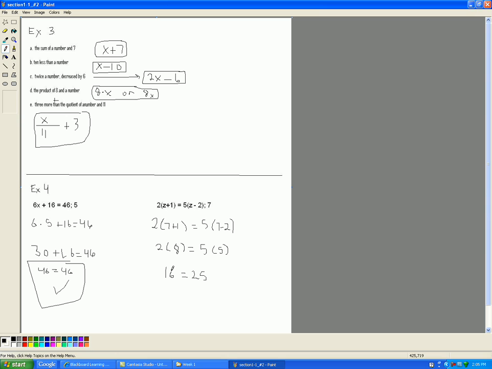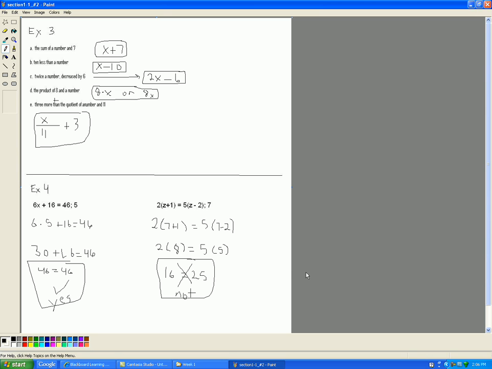So let's take a look at this. 16 equals 25? Not really. That's an incorrect statement, right? So we would say this is not true. So z is equal to 7 is not a solution. So we can just put not here. We'll put yes over here. And we finished those problems.